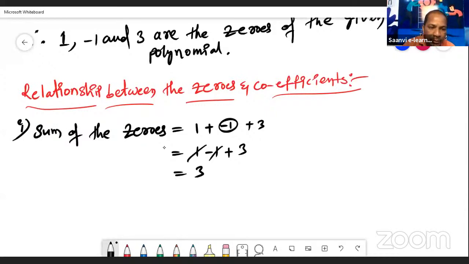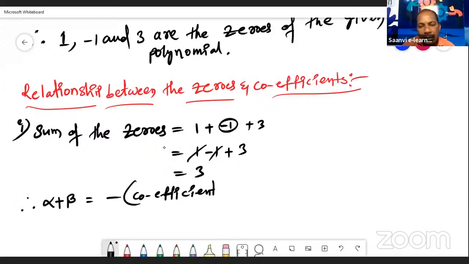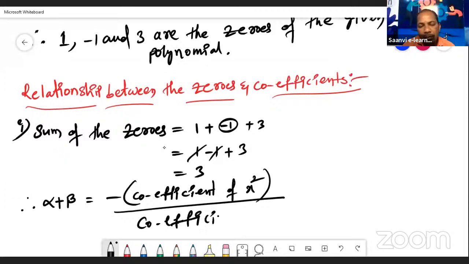So this sum of the zeros we have to check by formula. The formula for the sum of the zeros is minus of coefficient of x square by coefficient of x cube. Okay, children, now substitute the values.